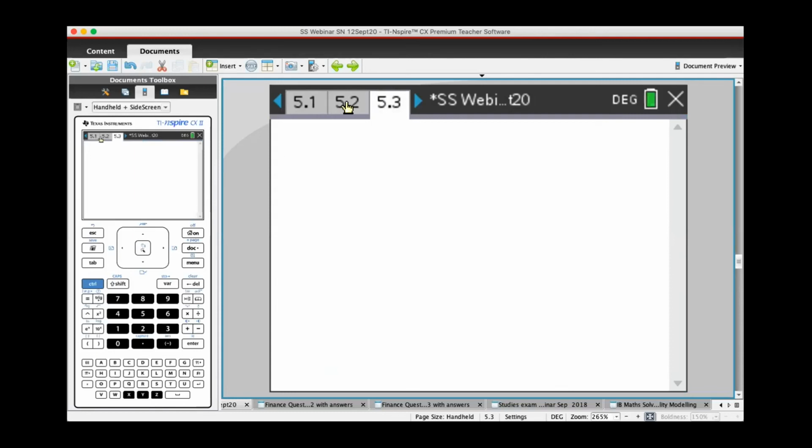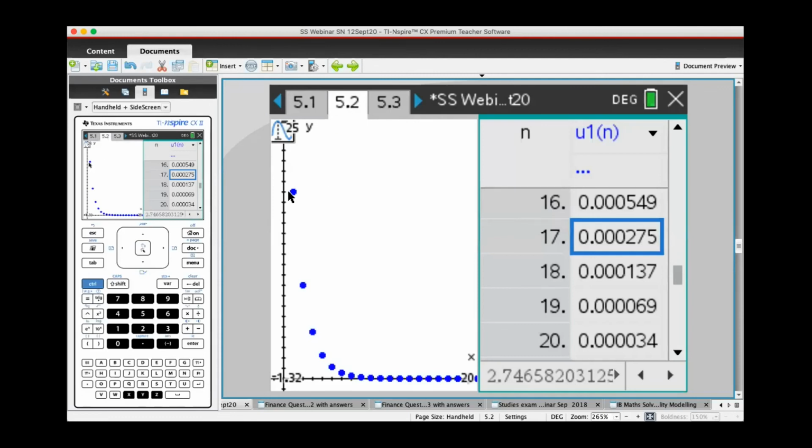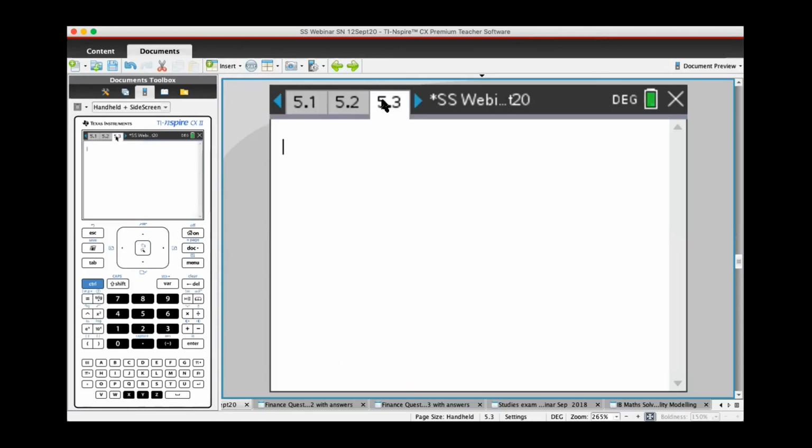And I have defined my sequence to be Un. So let's say I want to find the 15th term. Of course, I want to find the 15th term because I'm just making sure. Showing the same kind of information in several ways, using different ways of representation, is your communication criteria for the IA.